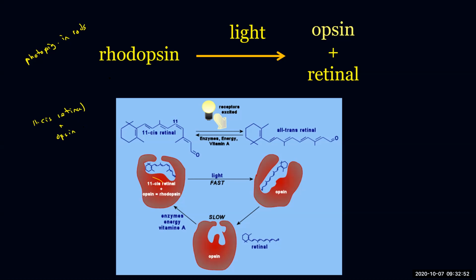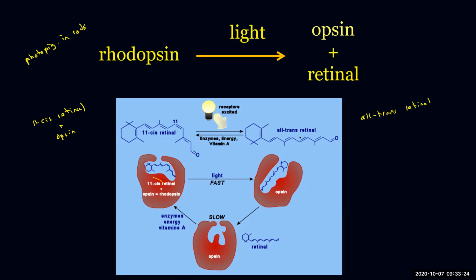All right. When light strikes this complex, it induces a change. It's basically going to shift that 11-cis-retinol, which is shaped like this, to all-trans-retinol, which is shaped differently. Cis and trans are just chemical terms about the conformation of it. You don't have to really know what they mean other than that it's about the chemical structure.